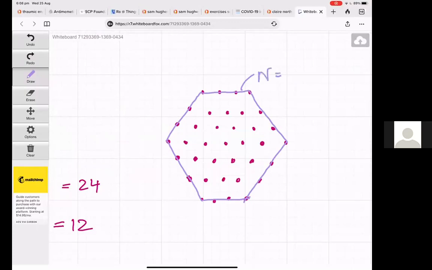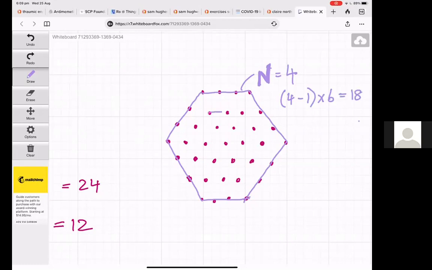What is the real value of n when I look at the outside hexagon? The real value of n is 3. Are you sure about that? No, 4. Yeah, 4, good. So that means the number of dots is 4 minus 1 times 6, which is 18.